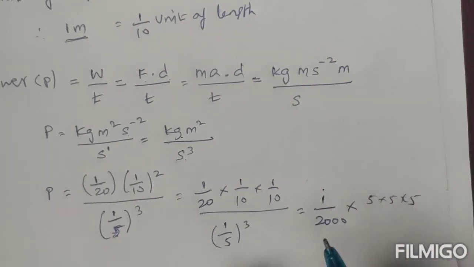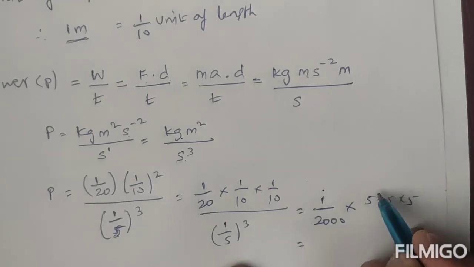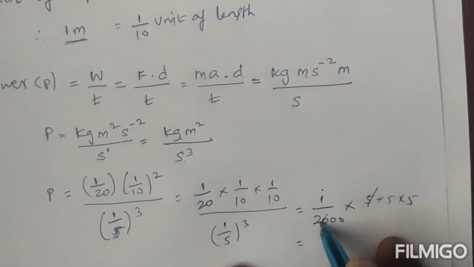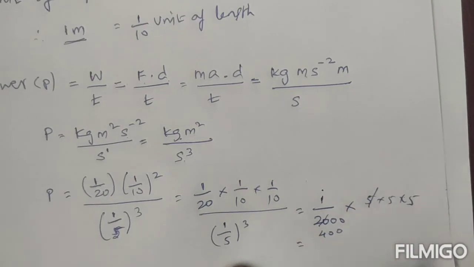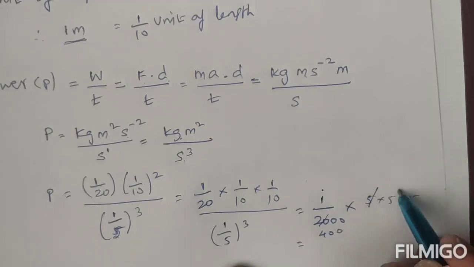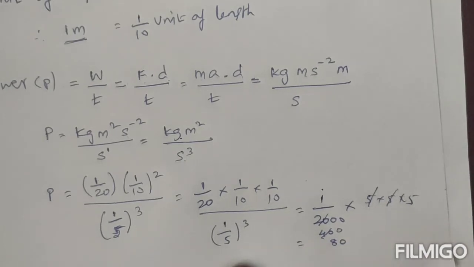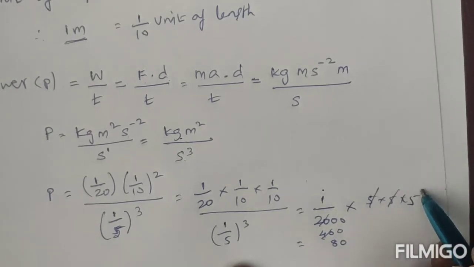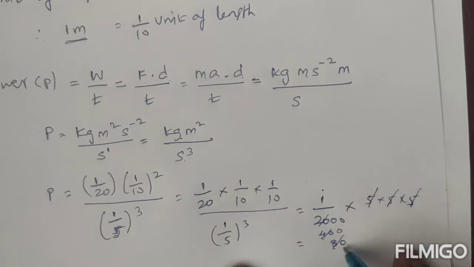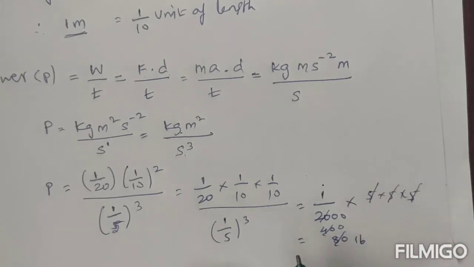Please listen: first fifth table, 1 time, here 4 times, so we can write 400. Again 1 time, 40 is 8 times, so 80. Again 5 1 time, 16 times, so 1 by 16.